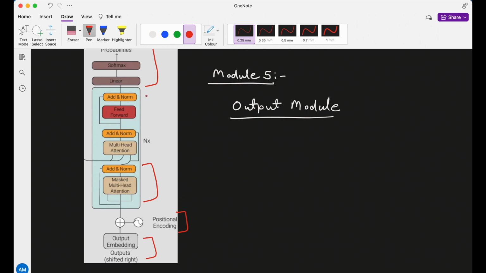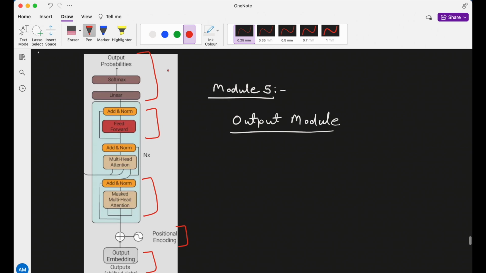Then comes the feed forward neural network, which is a deep neural network and enhances the learning capability of the model. And at last, the output module, which gives the output.